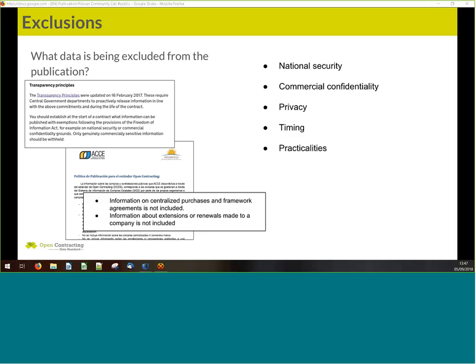But again, it's just important to put that information up front rather than leaving it to users to figure out for themselves. And we've got some examples on the left there, I think, from the UK, from one of our Latin American partners, and from Uruguay. On examples of just being really clear and upfront about what is and isn't included.